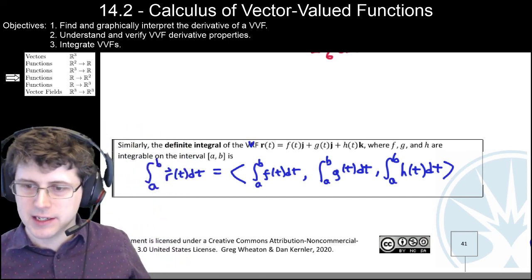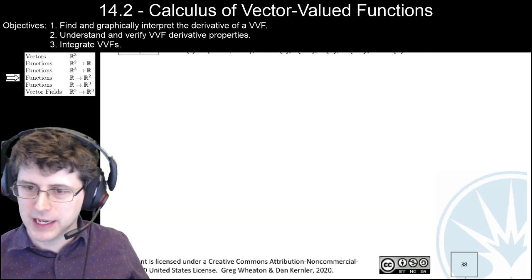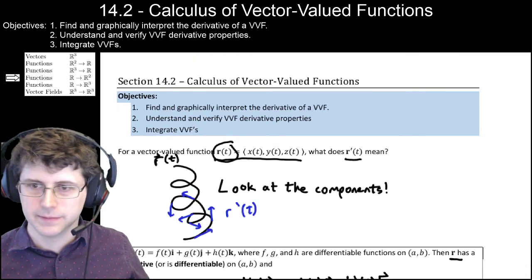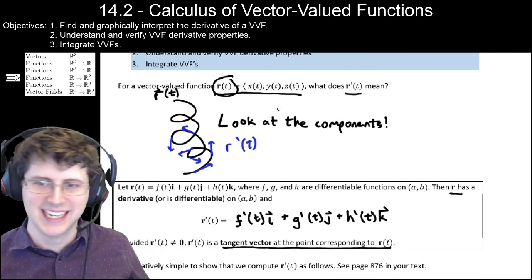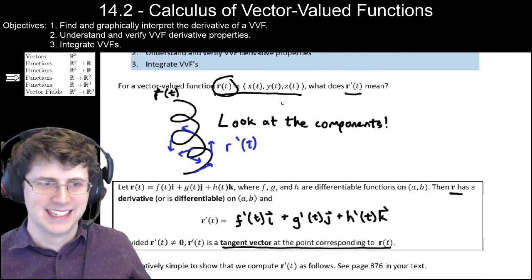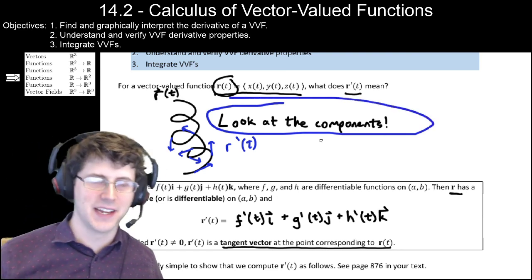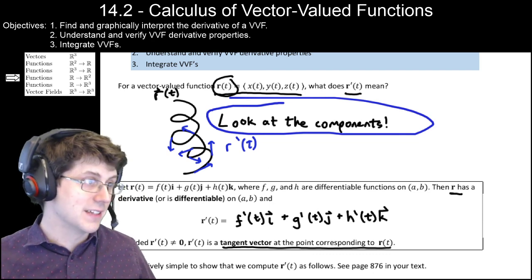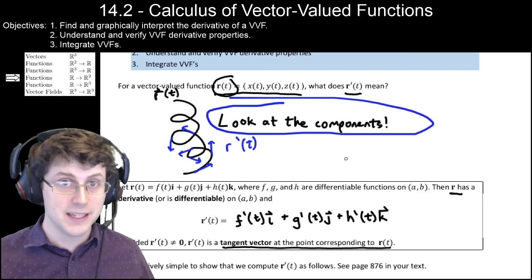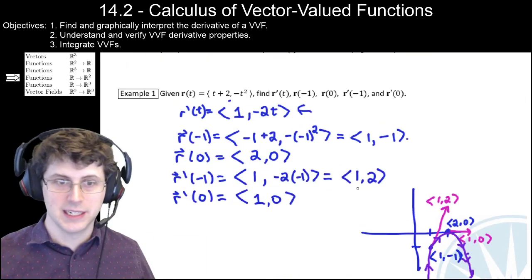So let's just summarize what happened here. I think I kind of want to go back to like the first page. This is the summary. Look at the components if you're doing calculus to a vector-valued function. The objectives were we wanted to find and graphically interpret the derivative of a vector-valued function. That mostly happened. Finding the derivative we did on page 1.